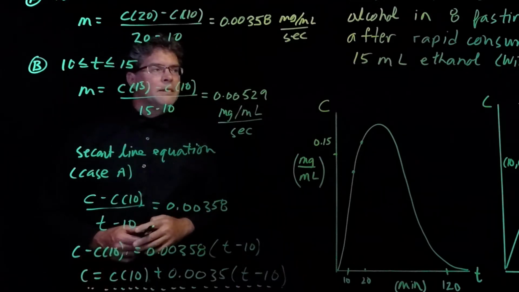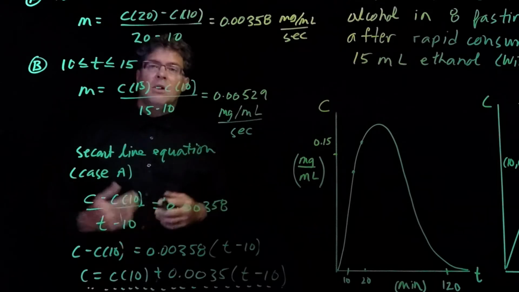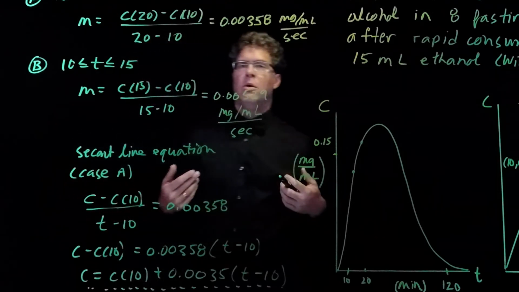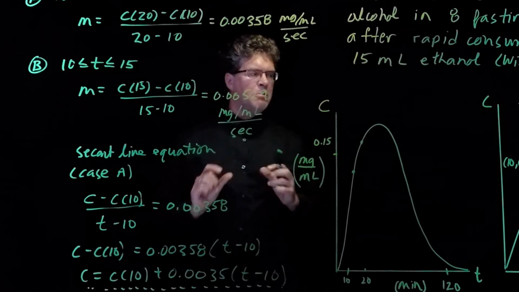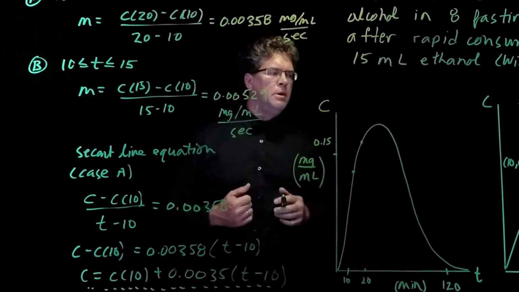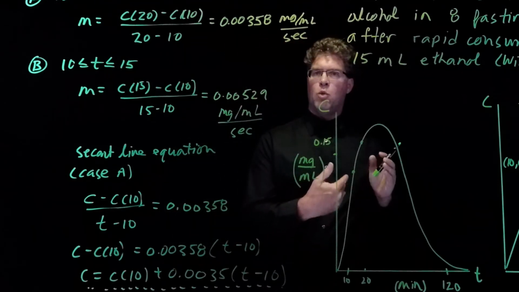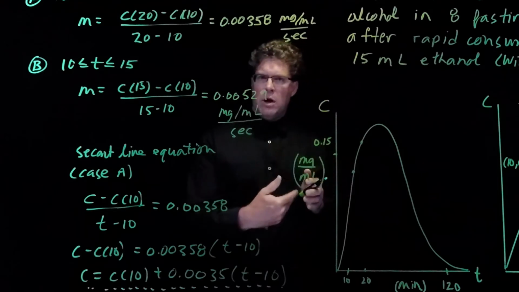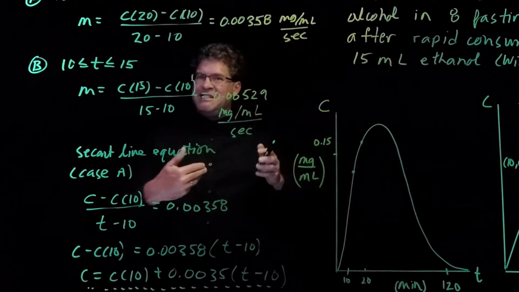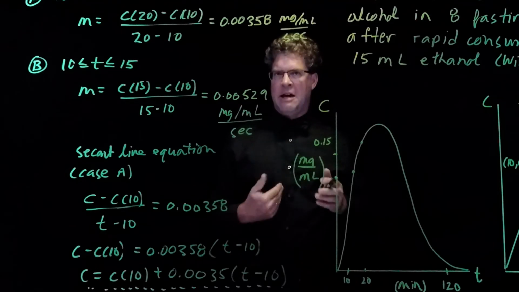And so we know how to write the formula for the line, but now we want to think about what happens when we take a smaller and smaller time interval over which to measure the slope. And so we're going to go to a time interval of 1, and then 0.1, and then 0.01, and see what happens to the slope of the secant line.